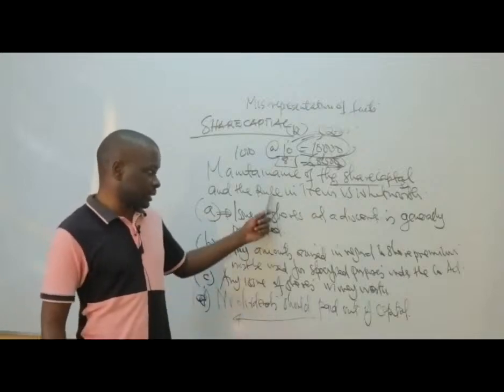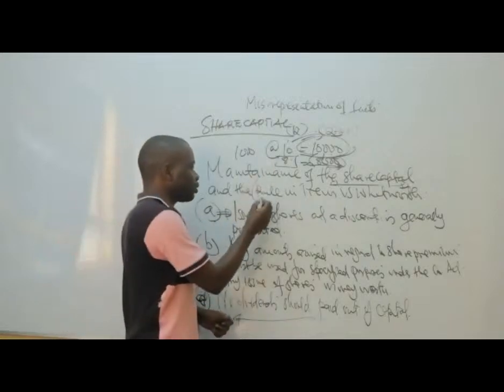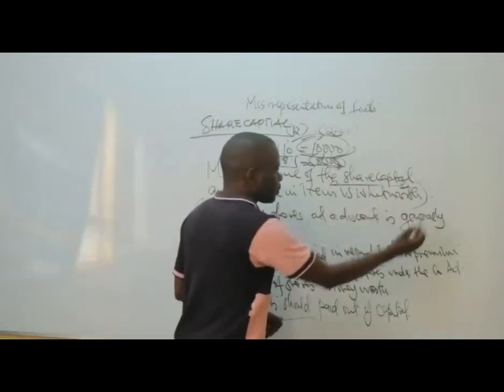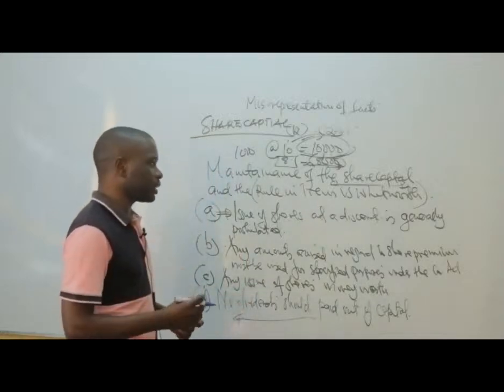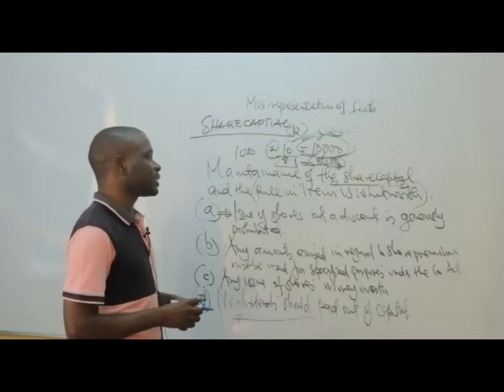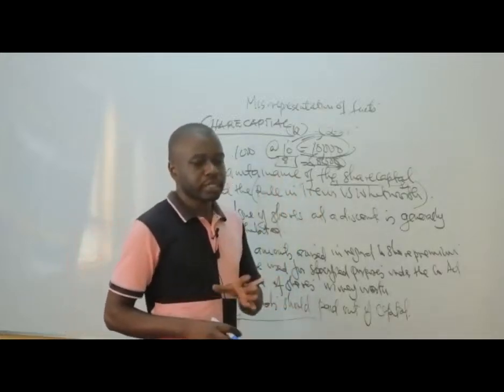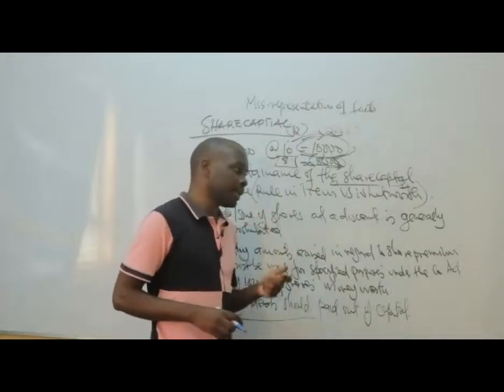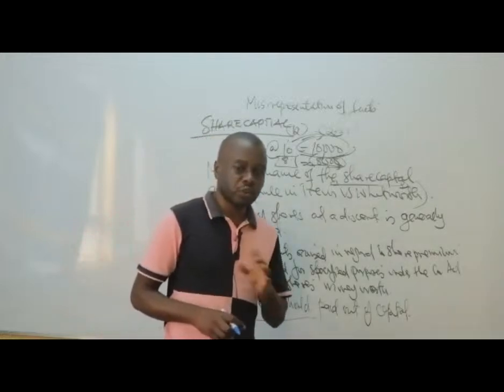Just attached to the maintenance of the share capital, there is also a rule enabling the company to maintain its share capital. This particular rule is known as the rule in Trevor versus Whitworth. It states that a company cannot purchase or finance the purchase of its own shares.